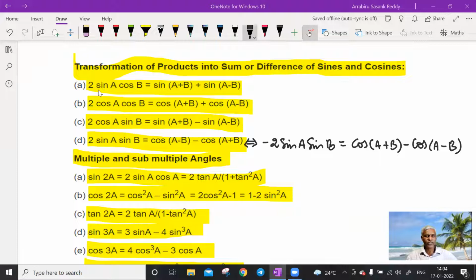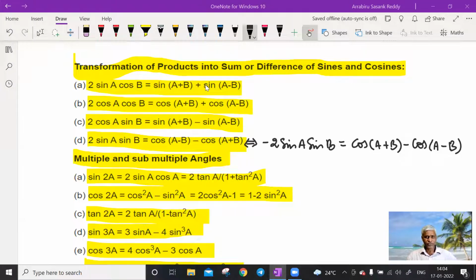You will get 2 sin A cos B. And if you add cos A plus B and cos A minus B, the sin A sin B terms will get cancelled. 2 cos A cos B will remain.